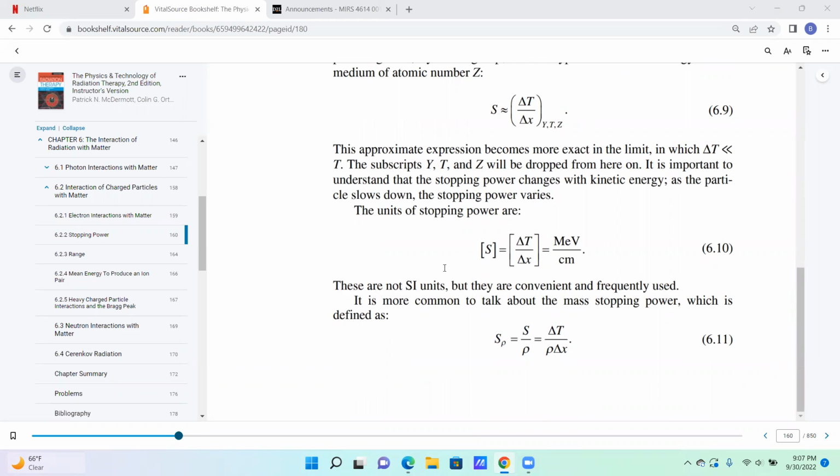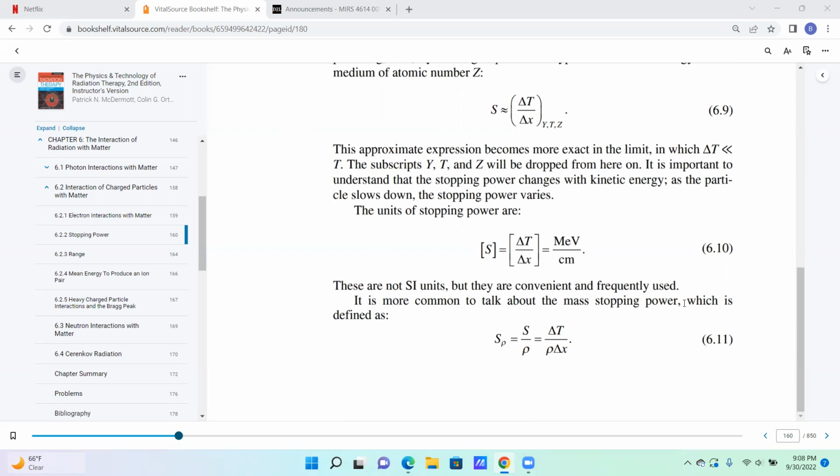This is the primary thing we're going to be interested in. As the particle slows down, the stopping power starts to vary. The units are basically going to be MeV divided by cm, which are not considered to be SI units, but hey, that's what we're going to use.